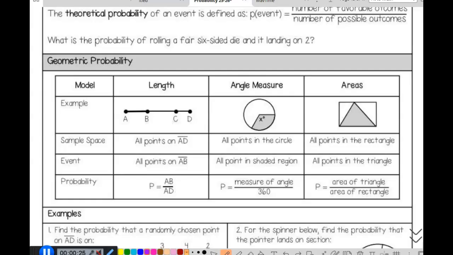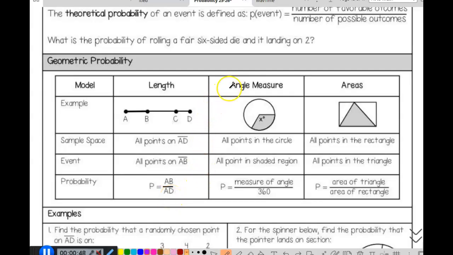The first model is the length model, when you have a line segment. Your sample space is all the points on the line, and your event is the points on the line. This is how we set up the probability: the one you want over the total.